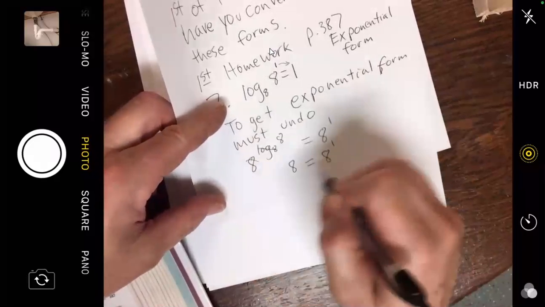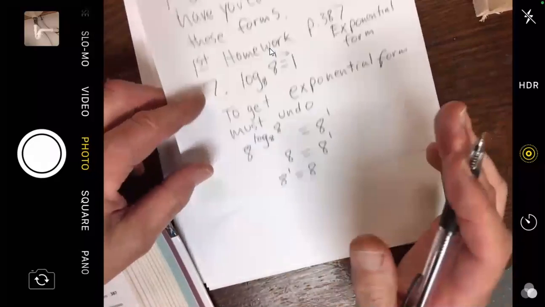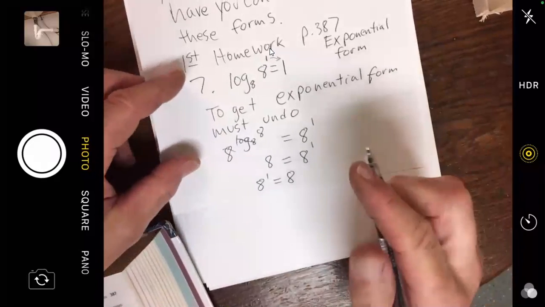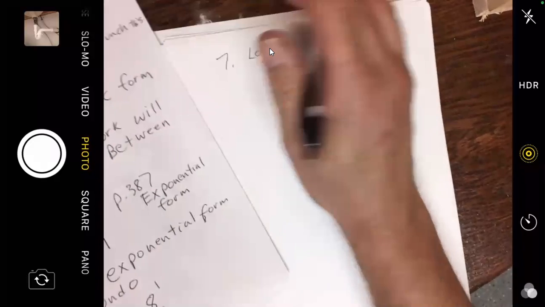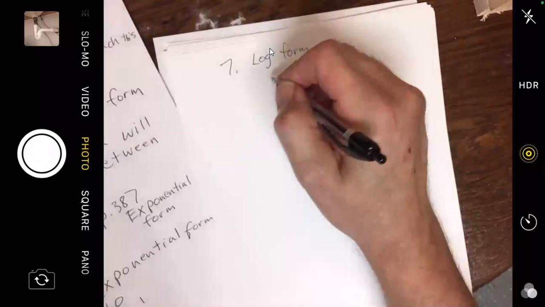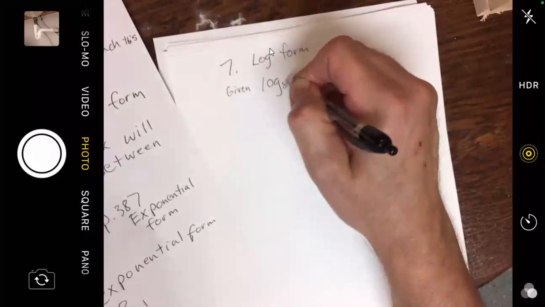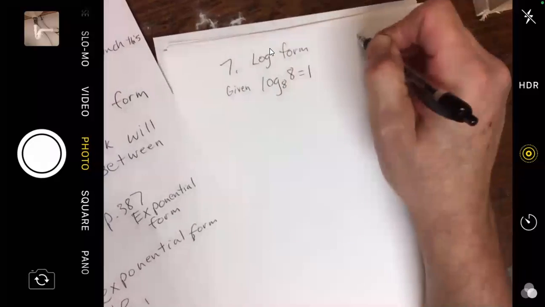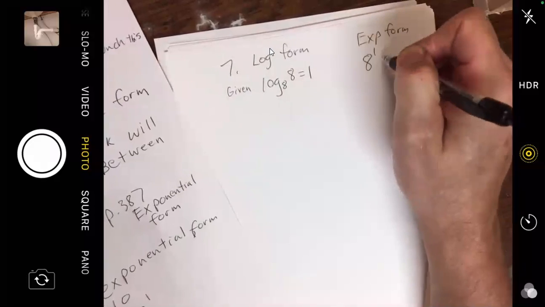If you reverse this, 8 to the 1 equals 8. I know it seems strange when you first see it, but if you then fill in the table, number 7, log form, we'll call it. Log base, say this is what's given, equals 1, exponential form, 8 to the 1 equals 8.